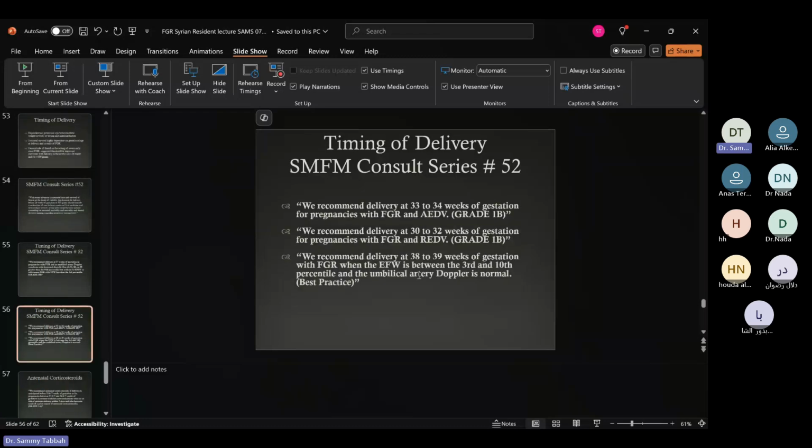If the blood flow studies are normal, if the Doppler studies are normal, and the baby is between the third and 10th percentile, we recommend delivery between 38 and 39 weeks. And then we have different recommendations depending on what the other blood flow studies look like. But again, it's important that you understand what your NICU capability is, what gestational age you start offering intervention after baby's born.